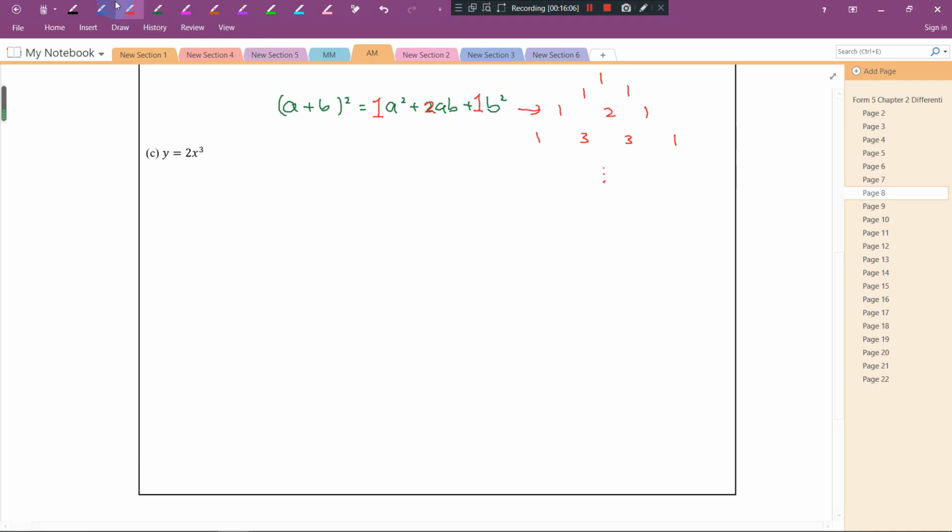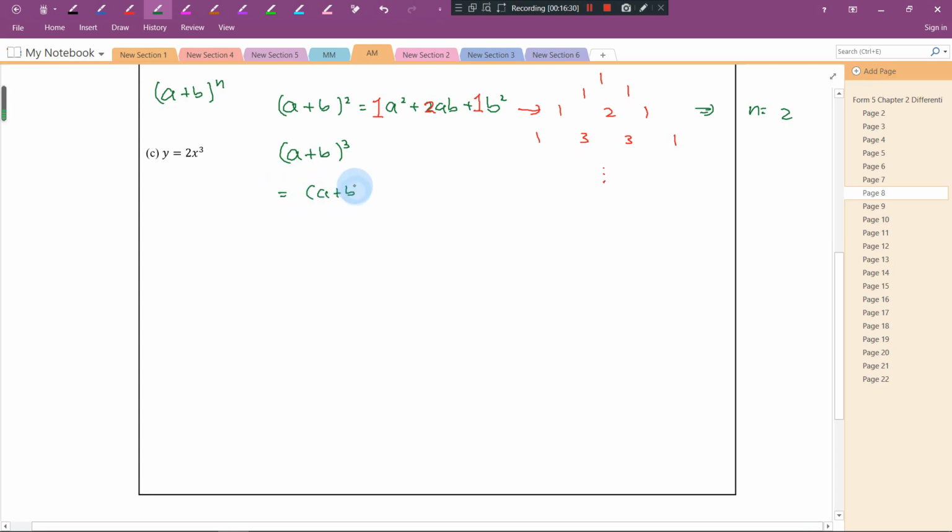So now I have A plus B power n, and when n is equal to 2, we use this rule. How about if I ask you to expand A plus B cubed? You can do it this way. Later on you can try it on your own.